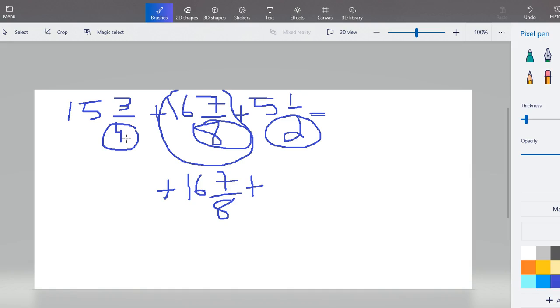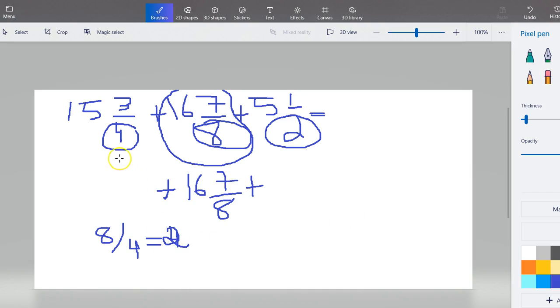Well, we're going to follow a process similar to transforming a mixed number into an equivalent fraction, in which we take 8 and we divide by 4. Eight divided by 4 is 2.